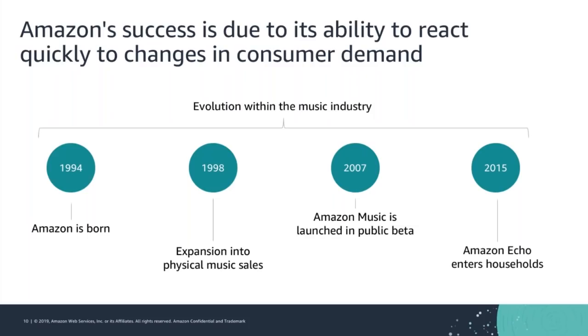Over the course of the years, that product and service mix has changed dramatically to not only selling books, but to eventually selling physical media for music and videos. Eventually, we launched a streaming service where you could listen to music online, and now there are millions of Echo devices throughout the world where customers can listen to their favorite music just by asking Alexa to play their favorite band.